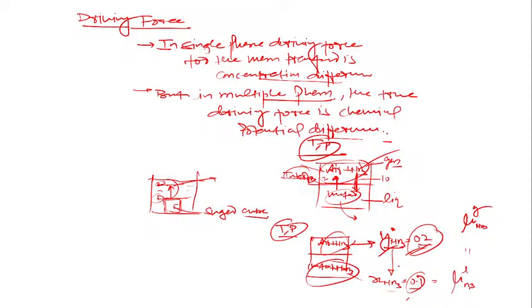Why? Because the system has reached equilibrium, and at these concentrations the chemical potential of ammonia in the gas and liquid phase is equal. Although there is a concentration difference, there is no chemical potential difference. That's why the true driving force for mass transfer in multiple phases is the chemical potential difference. Clear to you? Yes or no?